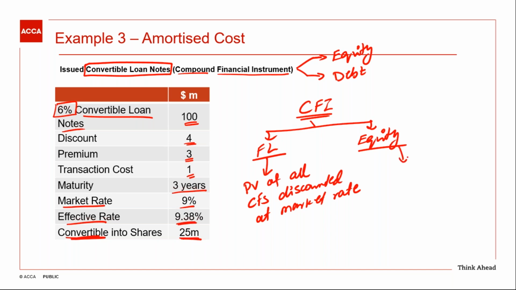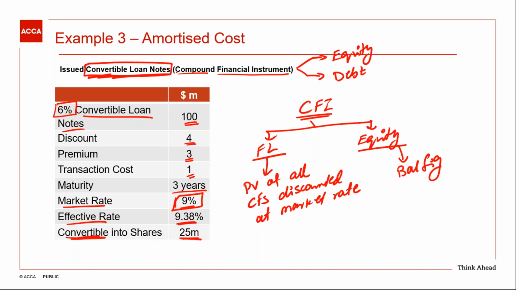And the equity will always be the balancing figure. So this is the first case where we are using the market rate, which is the convertible loan notes. Otherwise, we can simply ignore the market rate in the question. Only in case of compound financial instrument, we use the market rate.